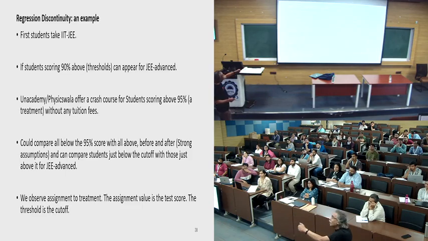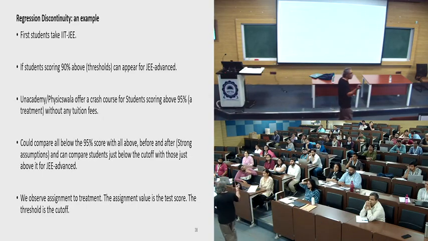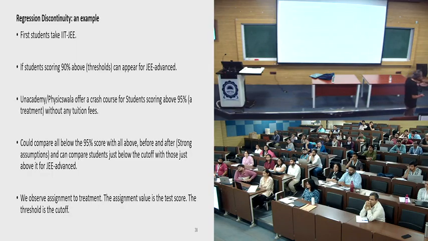Clear? So I now want to compare students just below the 95% cutoff with those just above it for the JEE Advanced. That's my RDD. We observe assignment to treatment, and the assignment is nothing but your test score at JEE Advanced. A realistic example.